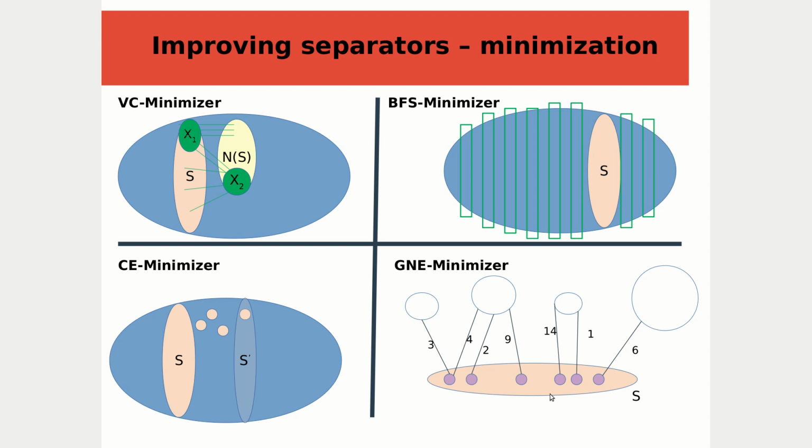Now we greedily remove nodes from S, trying to minimize the largest size of a connected component after removing the node. For example, if we remove this node, then those two connected components will be joined, and we want to minimize the largest connected component after removing the node. By keeping those values on priority queues and lazily removing neighbors from the graph structure, we can obtain relatively good complexity for running the minimizer here.